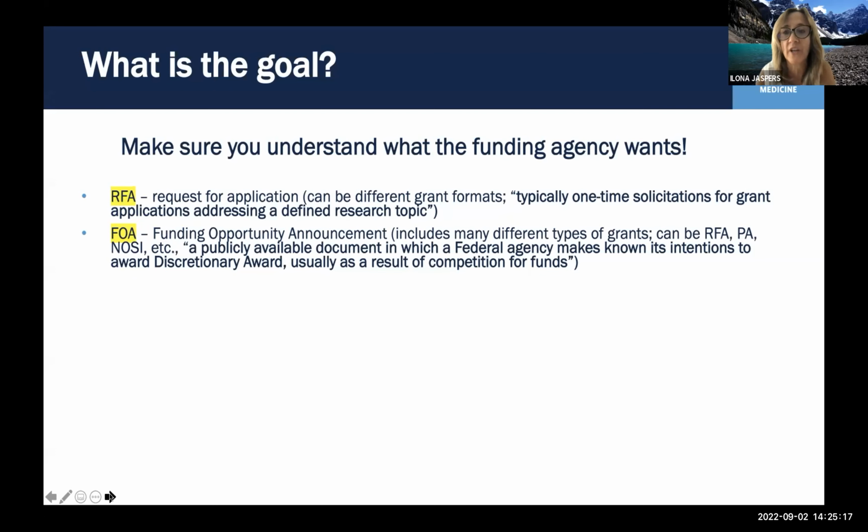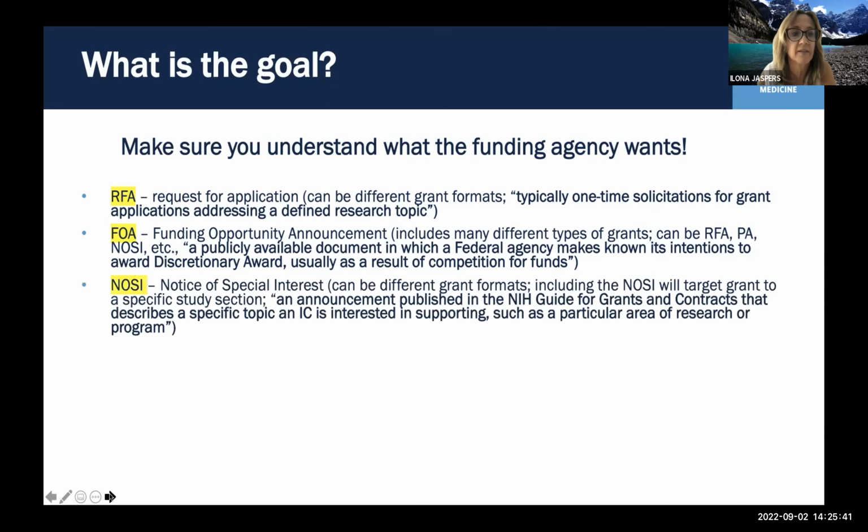Then there are funding opportunity announcements, which are FOAs. That really is towards an initiative for a federal agency. These are usually discretionary awards. A lot of those, for example, came as part of COVID. So there were several different FOAs.